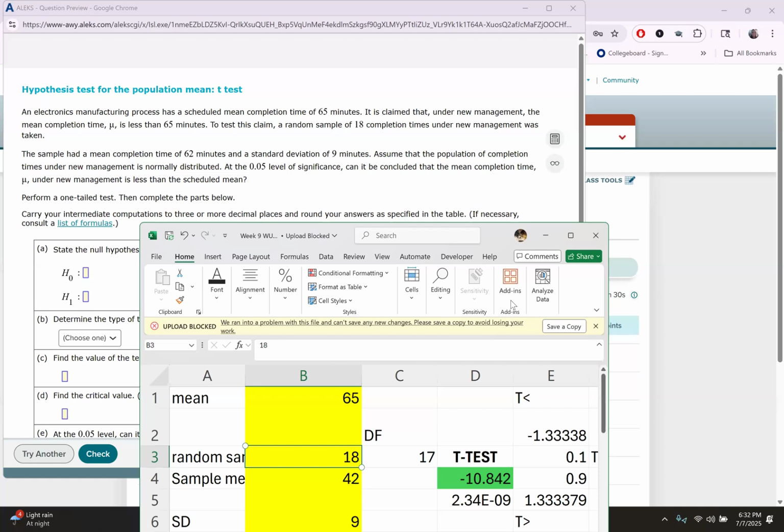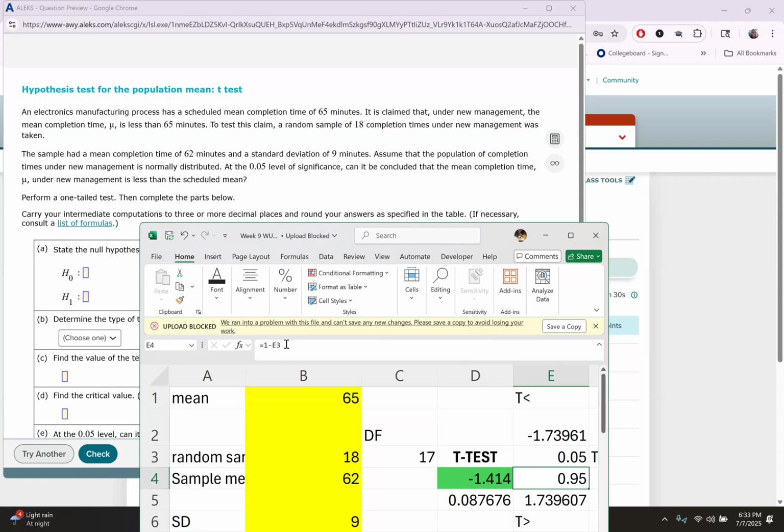Notice that these are all less than 30. They're all like 18 and 17 and so on. The sample mean is 62. The standard deviation is going to be 9 minutes. They want to do a 0.05 test. So in this case, they're going to go with 0.05. And that gives us negative 1.73 and positive 1.73.